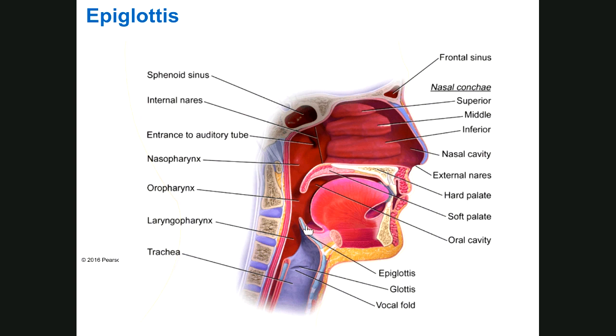So now we have this really underappreciated structure called the epiglottis. Again, this is going to be made of elastic cartilage. What's going to happen is it's going to cover, as part of the swallowing response, so when you're eating, this epiglottis is triggered to move over the trachea and cover the trachea.